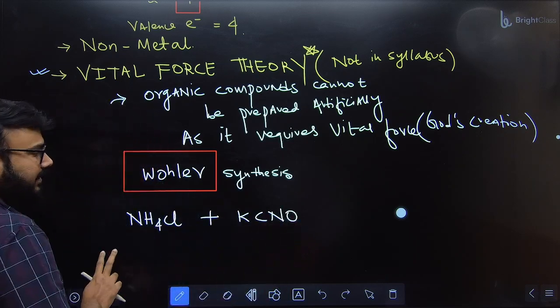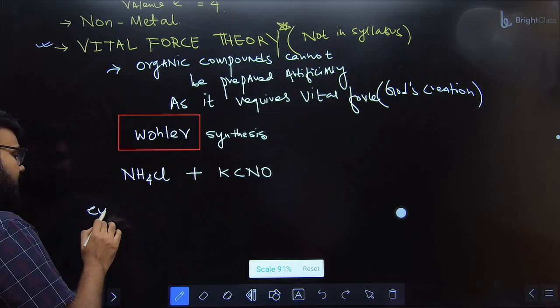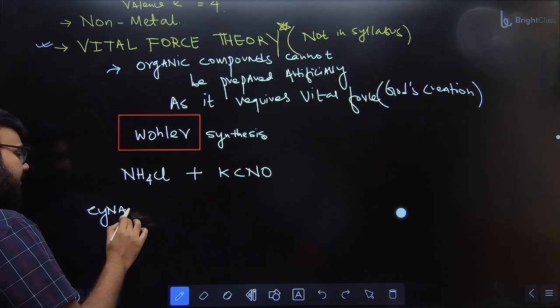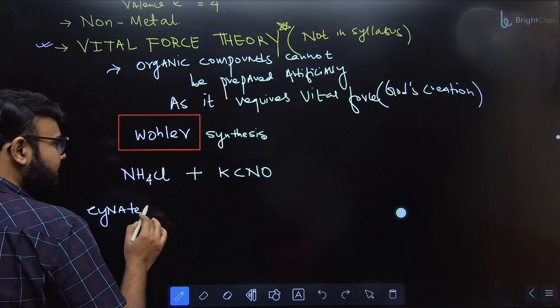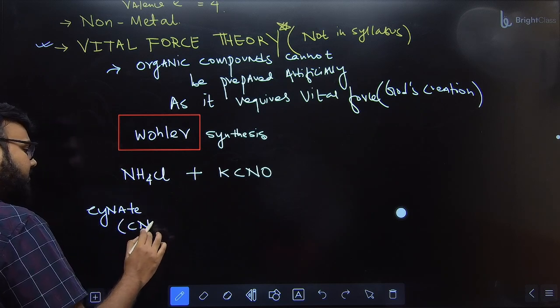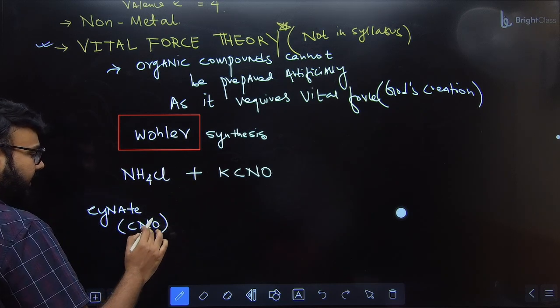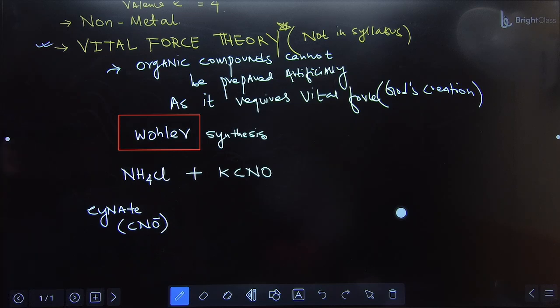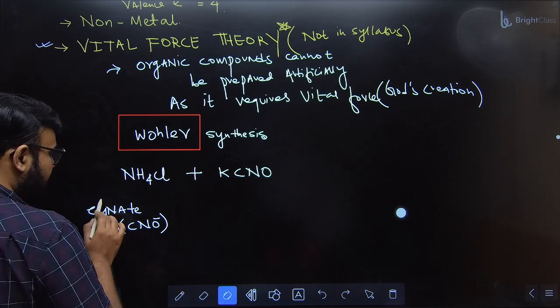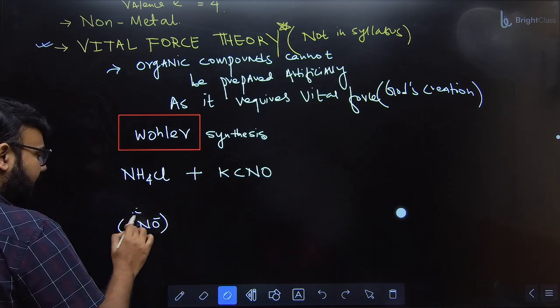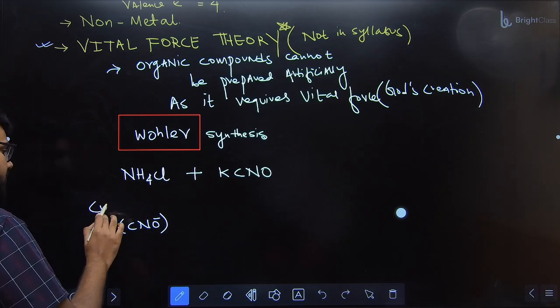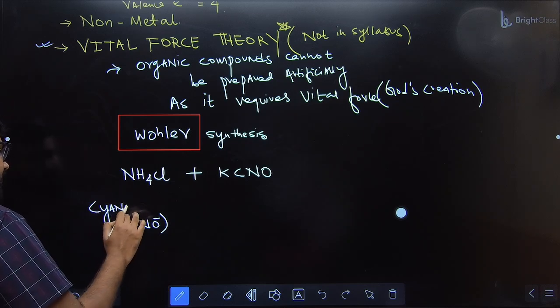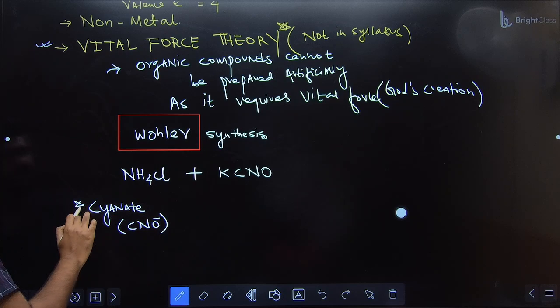Remember, I'll write it here. Cyanate is CNO, and its valency is -1. Cyanate spelling I wrote wrong: CYANATE. All of you take a note.